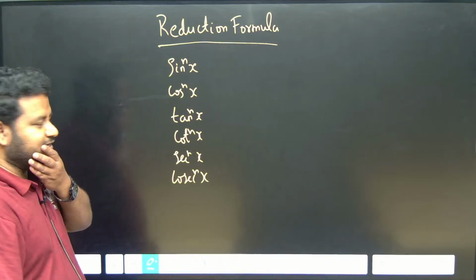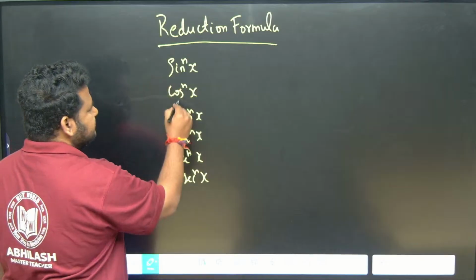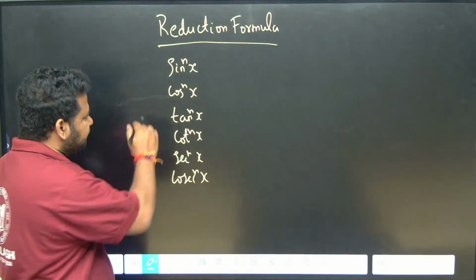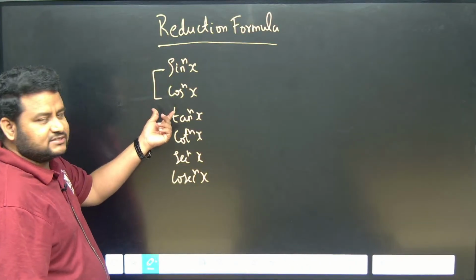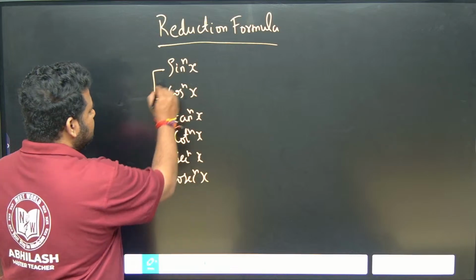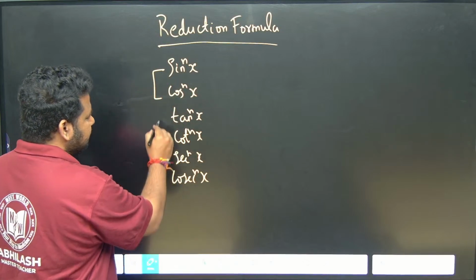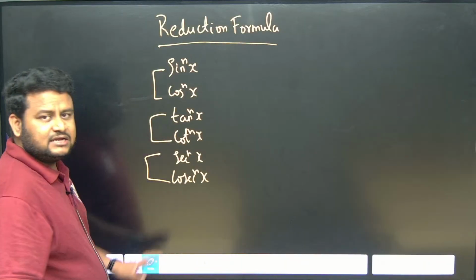One thing you have to understand here: if you know how to solve sin nx, then cos nx is particularly similar. There is no change. So sin nx and cos nx are similar, tan nx and cot nx are similar, and secant nx and cosecant nx are similar.